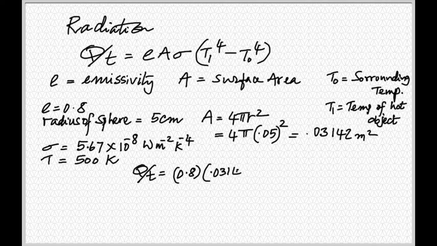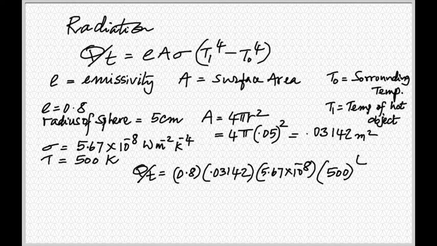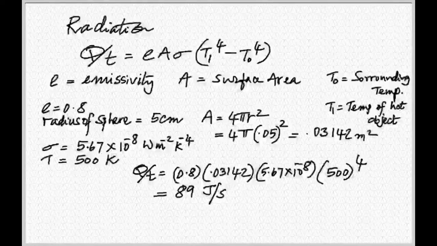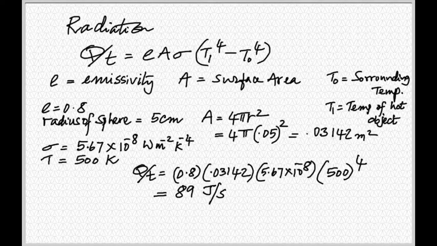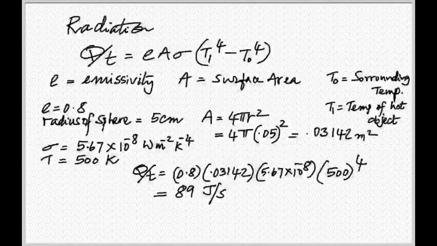So now plug all the numbers into this equation. E, that's A, sigma, T1 raised to 4. Now see that T0 is assumed to be 0 because nothing is mentioned. And you get 89 joules per second.